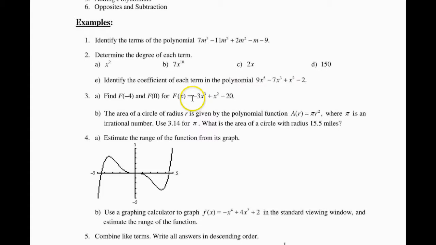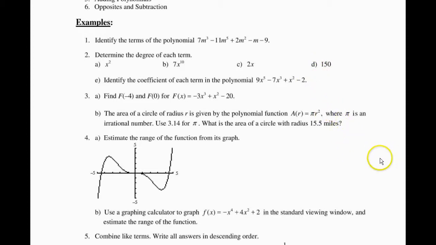Now over here, when we have 3 terms, we're going to give this an additional name. Besides being a polynomial, it's also a trinomial. And if there are only 2 terms, that would be a binomial. And we said one term was a monomial. You may have heard those words before. I just want to review them.